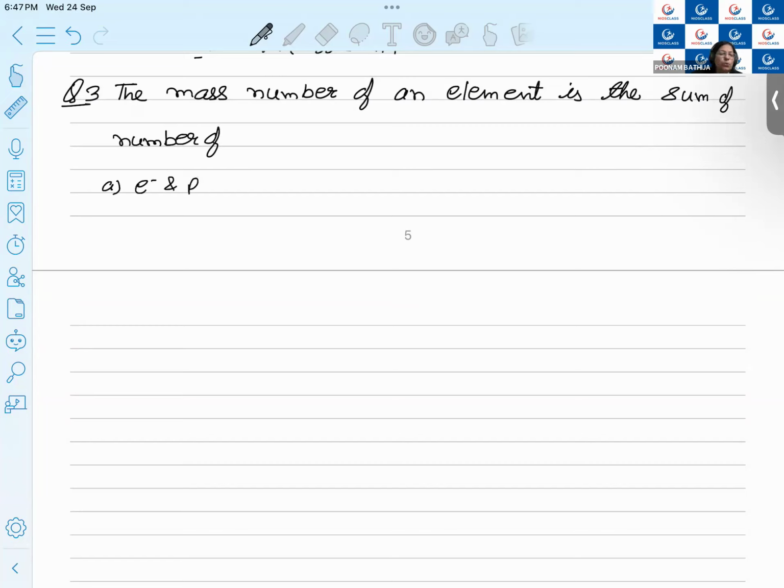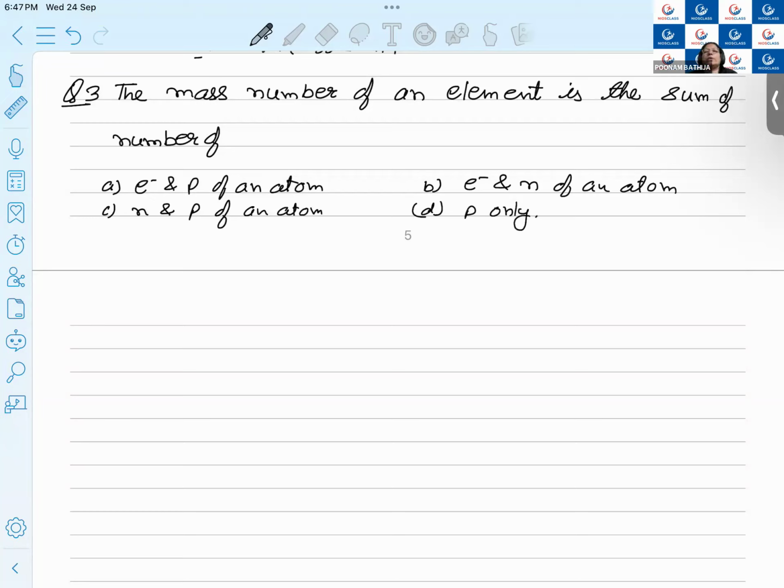Electrons and protons of an atom, electrons and neutrons of an atom, neutrons and protons of an atom, and the last one is protons only.